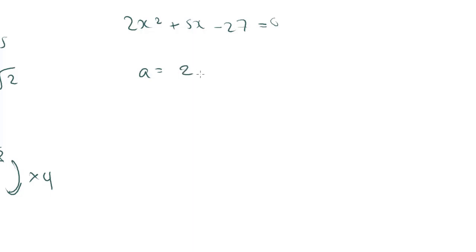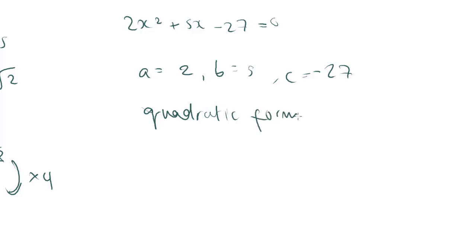So a equals 2, b equals 5, c equals minus 27. Now we use the quadratic formula to figure out x, to solve for x.